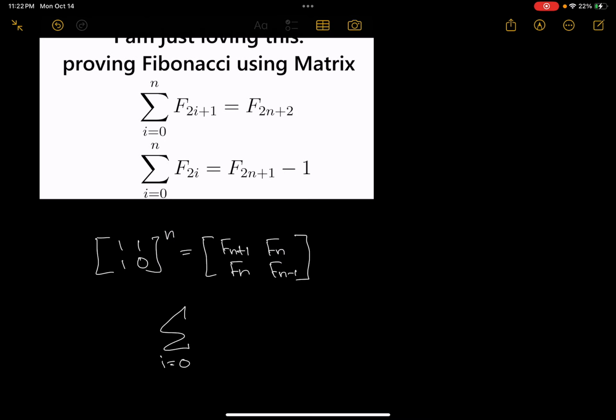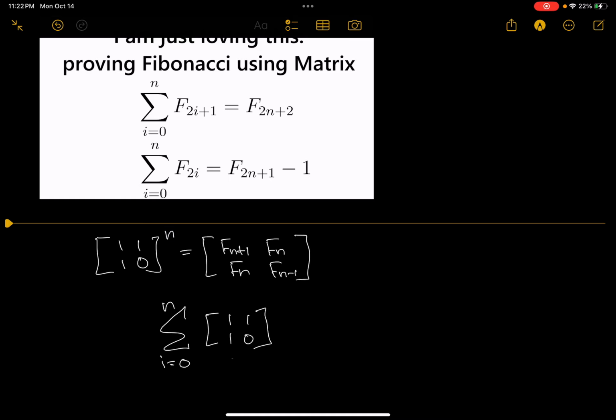I will just evaluate this sum from i equals 0 to n of [[1, 1], [1, 0]] to the power, let's say, 2i.